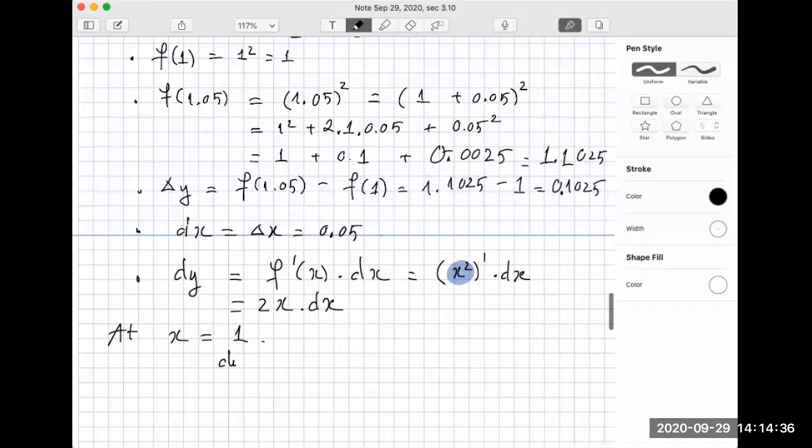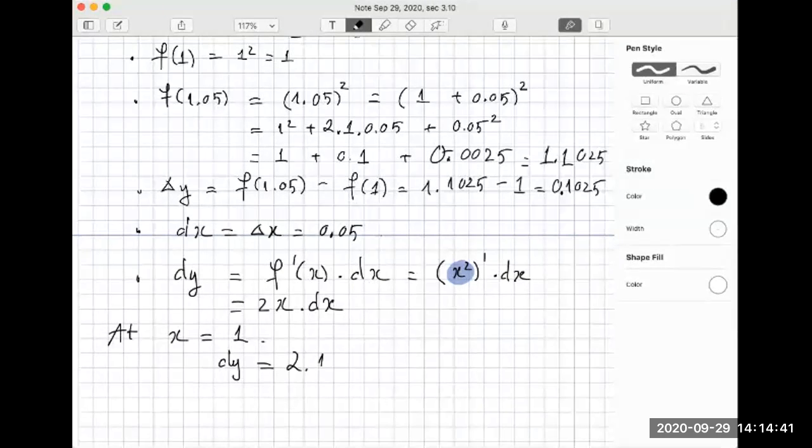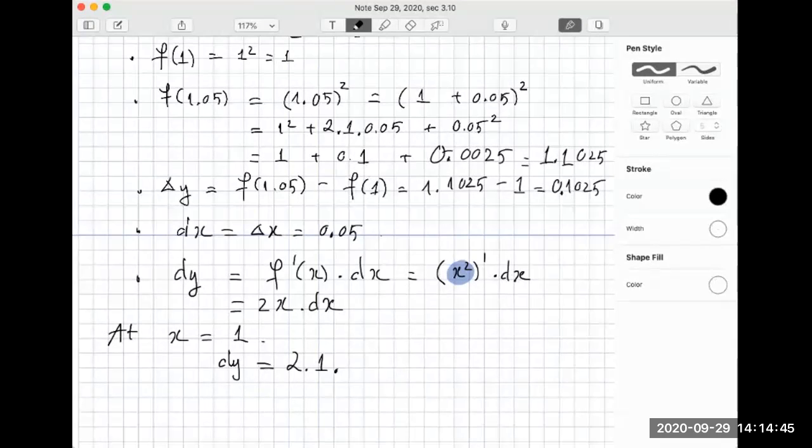So dy will be applying this formula. It will be 2 times 1, and dx here in this case is 0.05, and in the end it will be 0.1. Okay. So is it clear now?